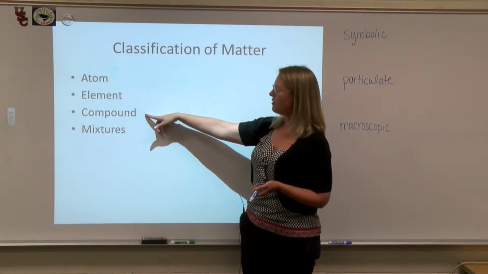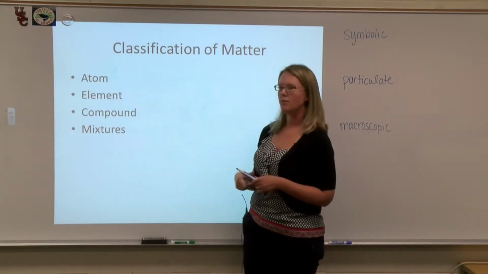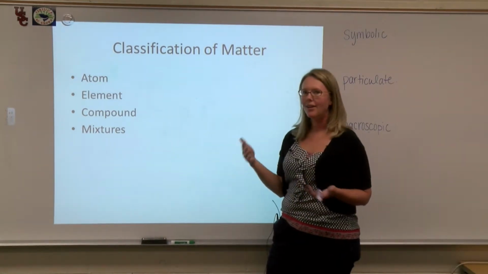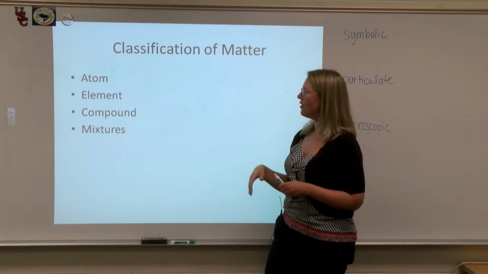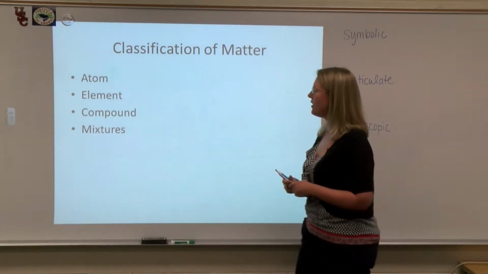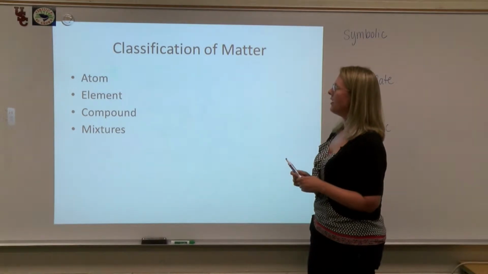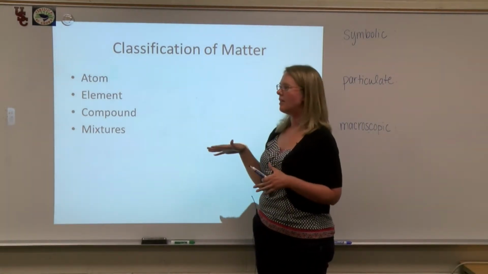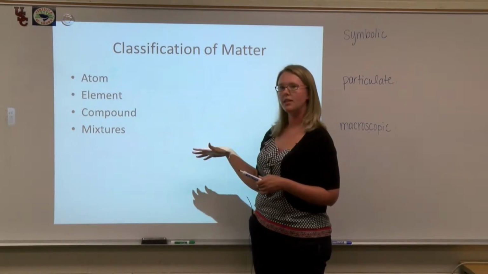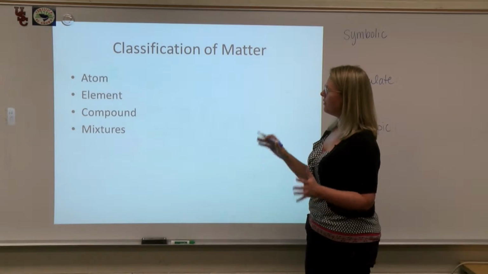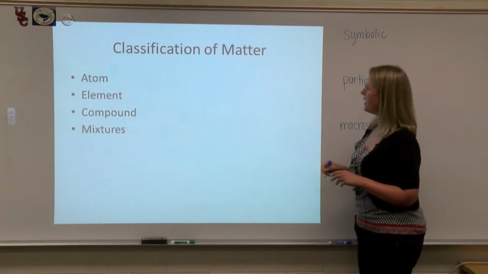For compounds, you could have a glass of water, maybe some salt, some sugar. And then for mixtures, Gatorade, Kool-Aid, something like that. It's neat for them to come in and look at some things as you get started. And even the day that you do the pre-model, seeing what they think, you could have those real examples up there.